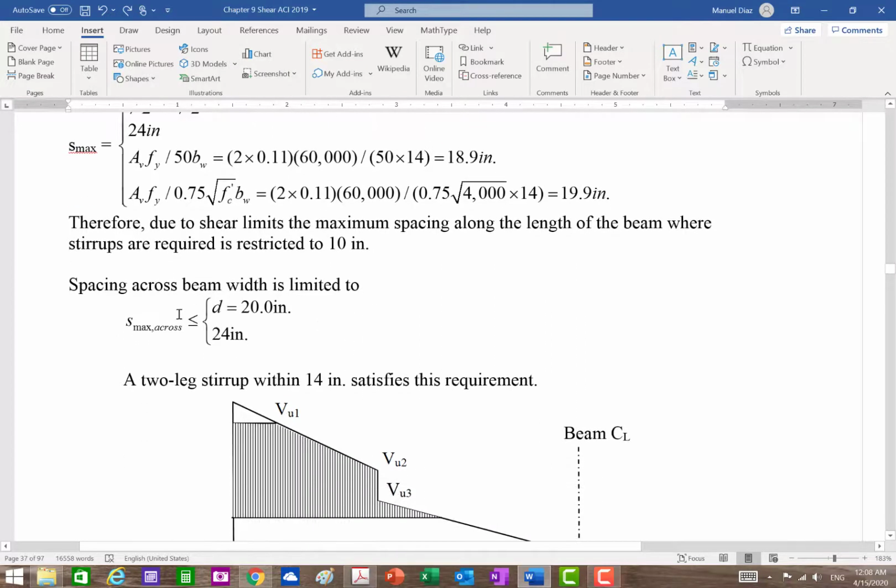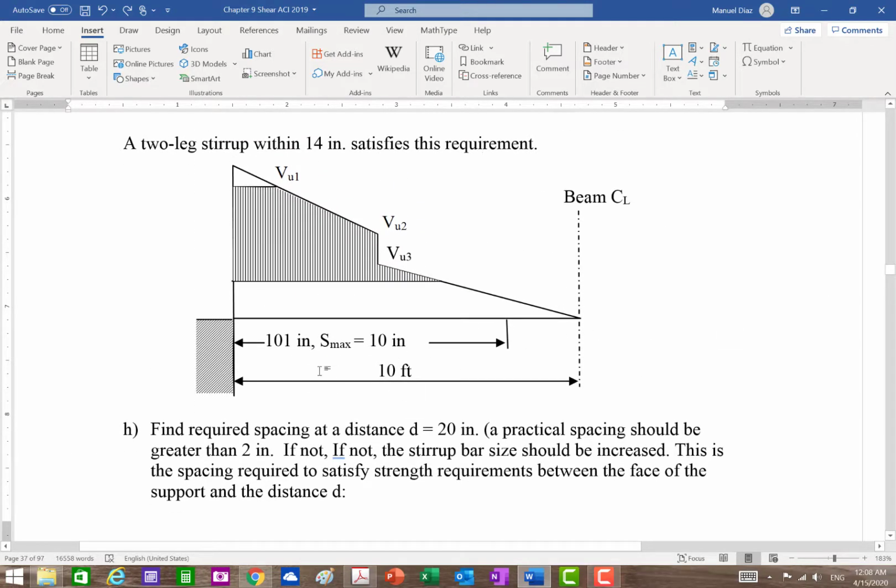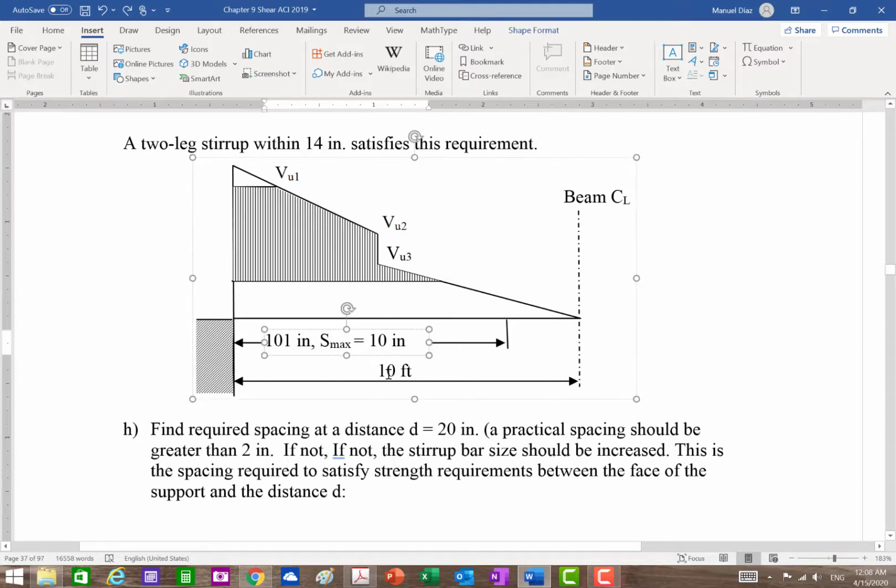So spacing across the beam width, D is 20. And so the width is less than that, so 14 inches, so that's satisfied. Good. So what we found then is that from the face all the way to the point where this is 13.3, we can only use a value of S of 10 inches.